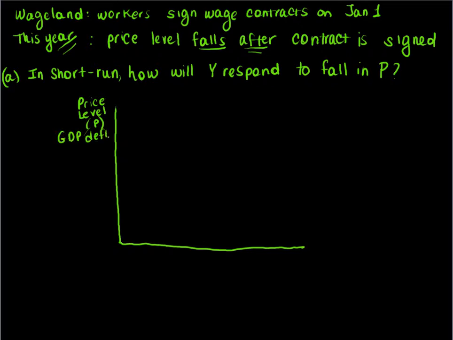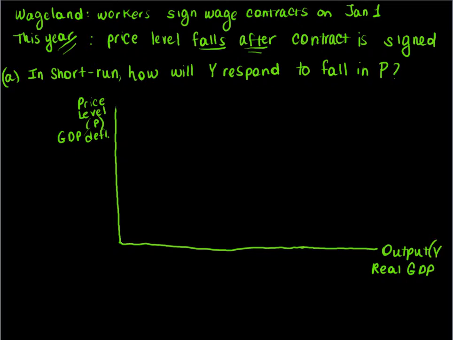And on the horizontal axis, we have aggregate output, which we typically measure using real GDP, and we call this Y.